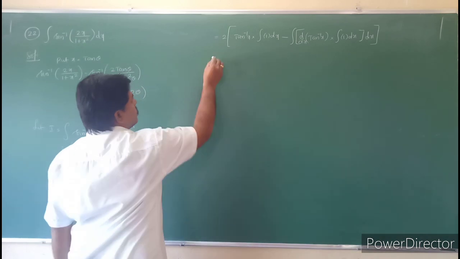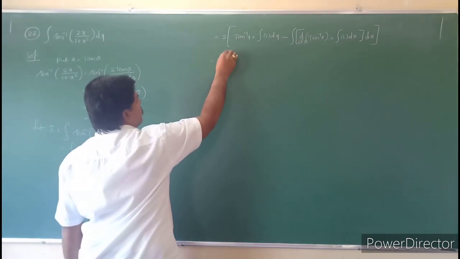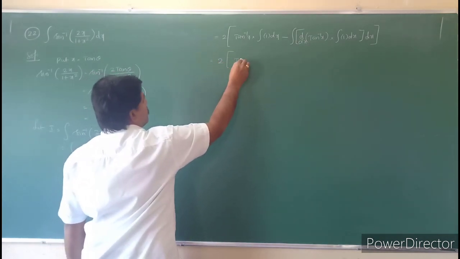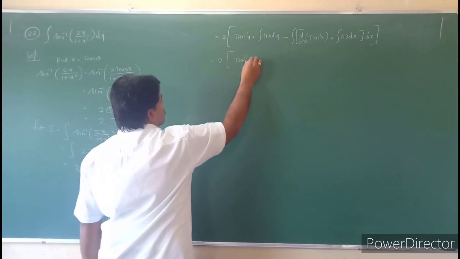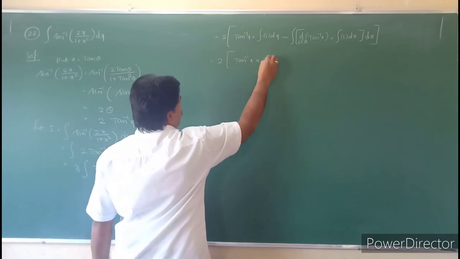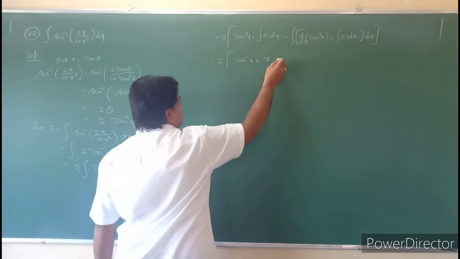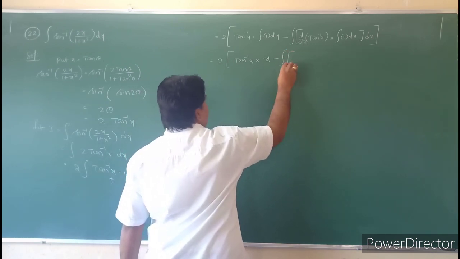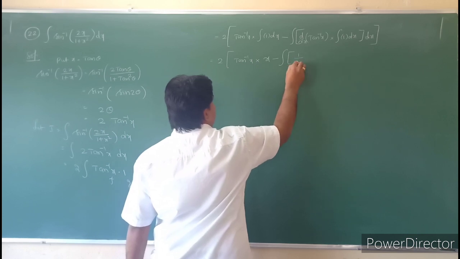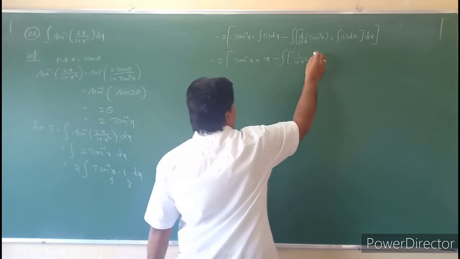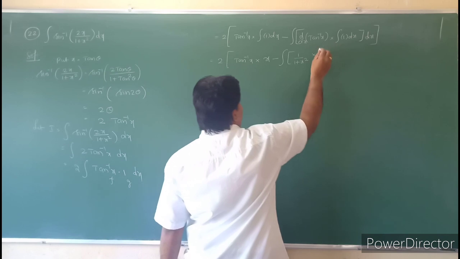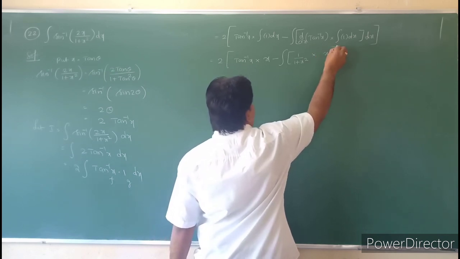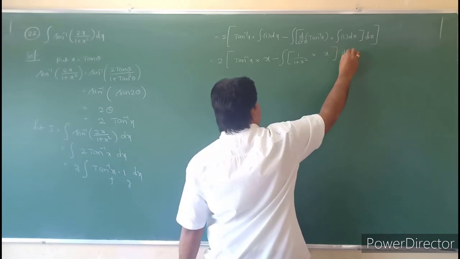So that is equal to 2 into tan inverse x, integral of 1 is x, minus integral of derivative of tan inverse x, which is 1 by 1 plus x square, into integral of 1, which is x, into dx.